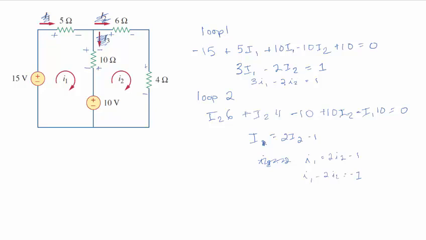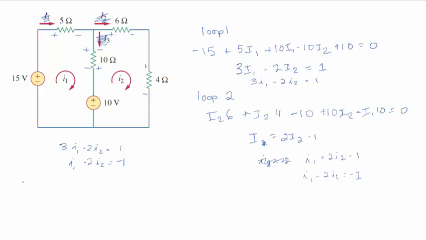So at this point, I have two equations and two unknowns. The problem is to solve it, and I can do it by process of elimination. I'm just going to rewrite it: 3I1 minus 2I2 equals 1, and then I1 minus 2I2 equals minus 1. I could solve for I1 in this equation and substitute it back up here.